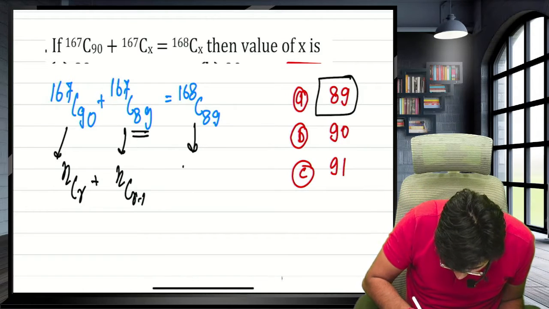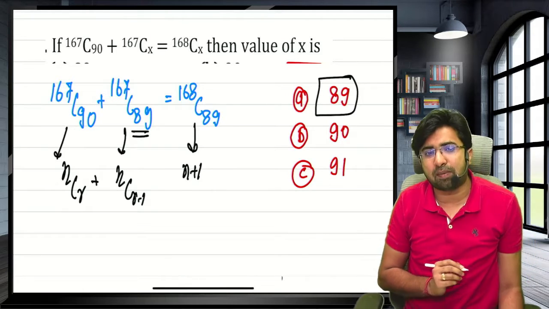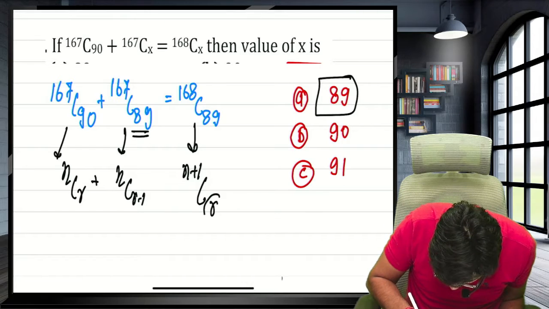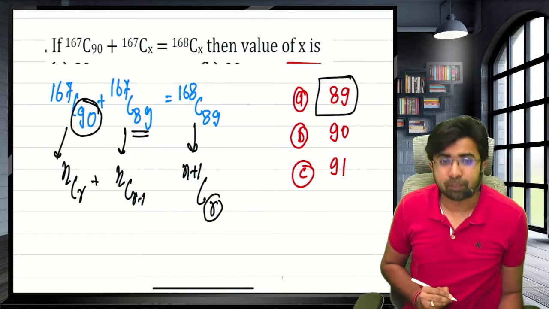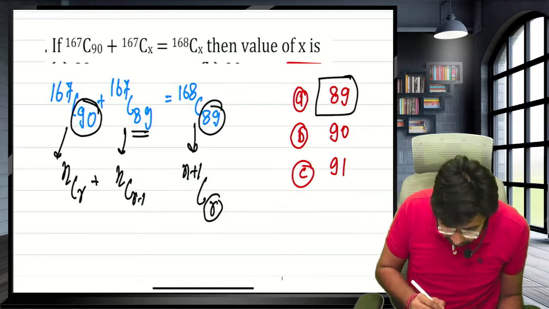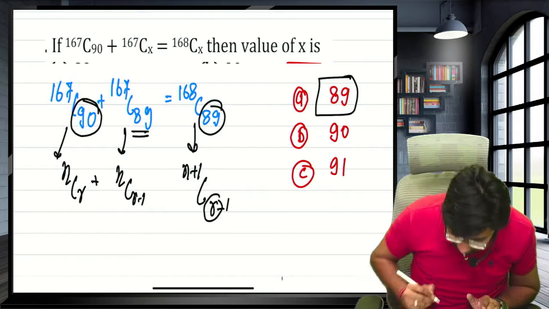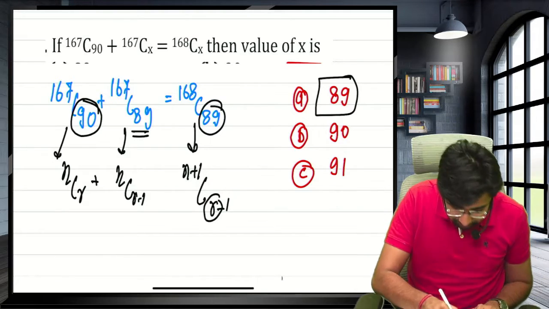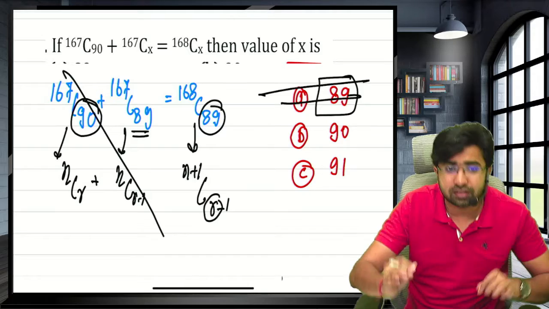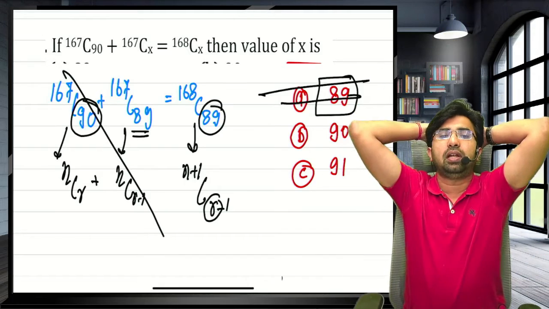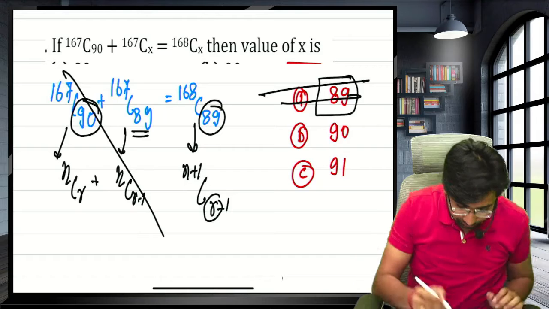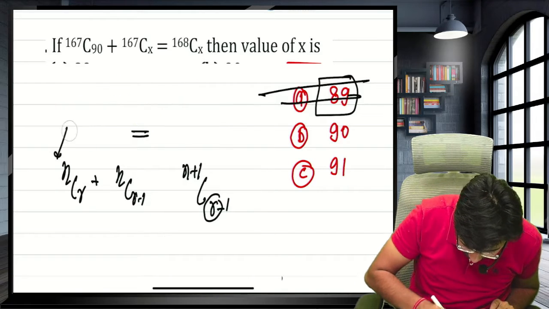This must be n plus 1, yes, this is 167 plus 1 Cr. Guys, according to you, r was 90, and here it is 89. No, Aman sir, it is r minus 1 here. It means this does not justify the Pascal law. Okay, now let's check another option.